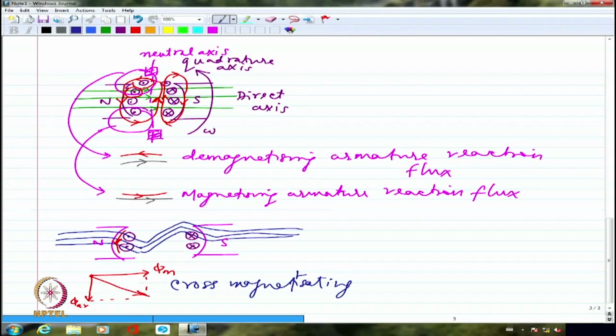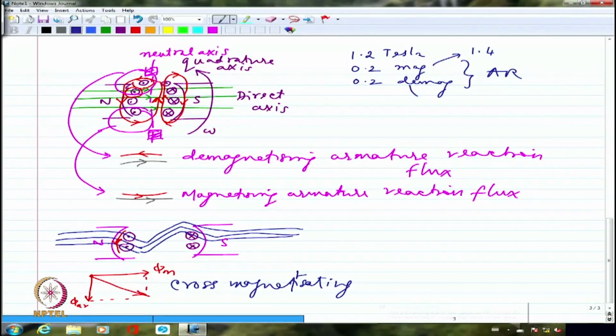Let us say I was originally operating at some 1.2 Tesla flux density. Maybe 0.2 is the magnetizing effect and 0.2 is the demagnetizing effect due to armature reaction. So I should have had here 1.4, I should have had here 1.